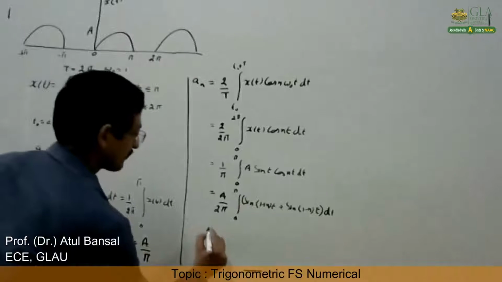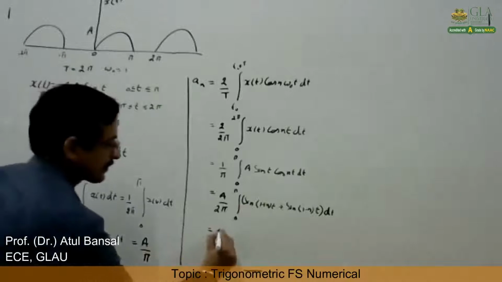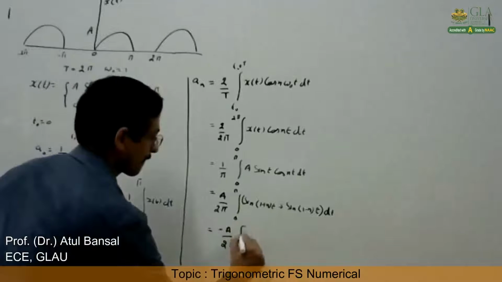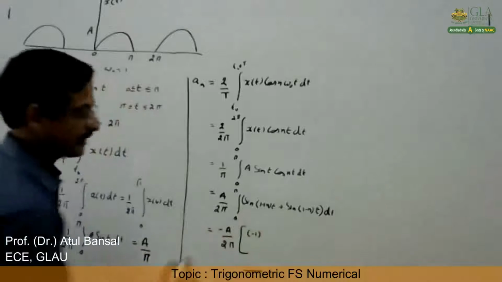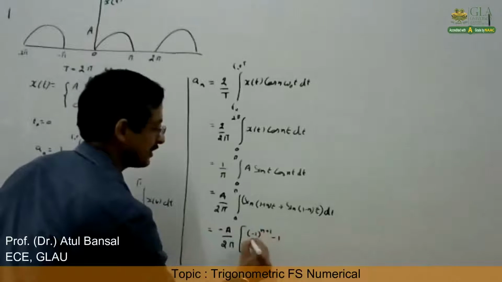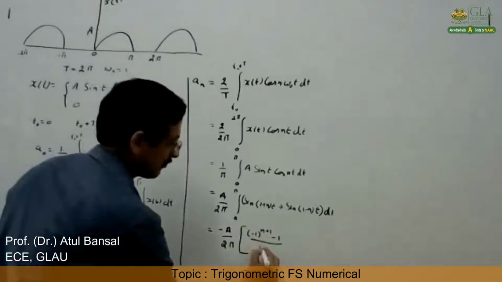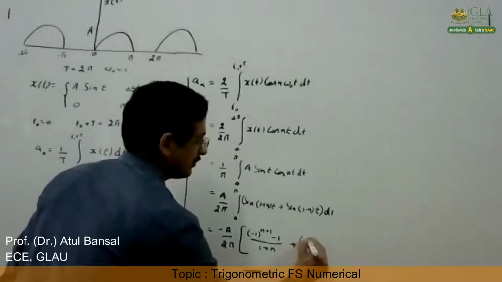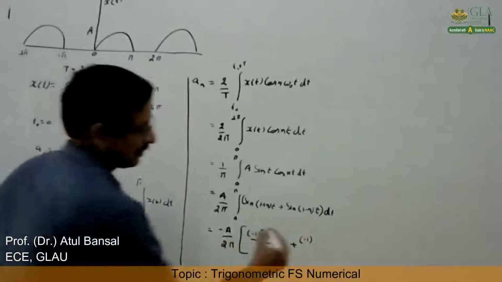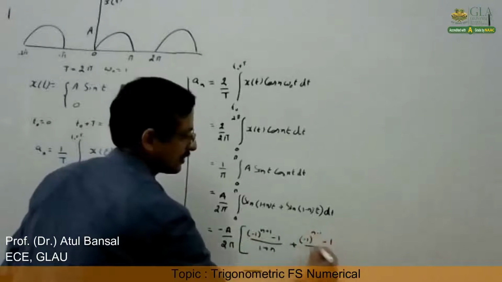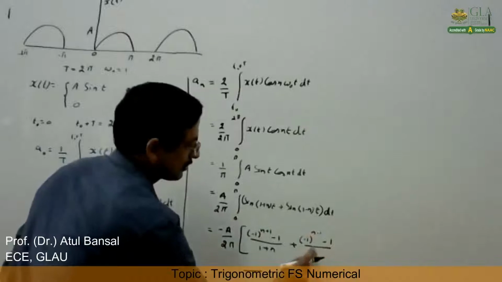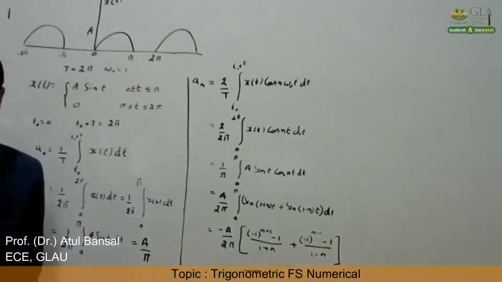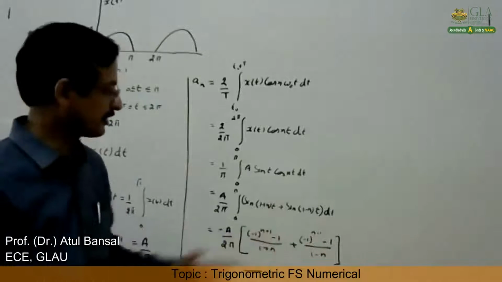What we will get is minus a by 2 pi, times (minus 1 raised to power n plus 1, minus 1) upon 1 plus n, or n plus 1, you can write anything like that, plus (1 minus 1 raised to power n minus 1) upon 1 minus n. Right? So we will get this when solving the integral.